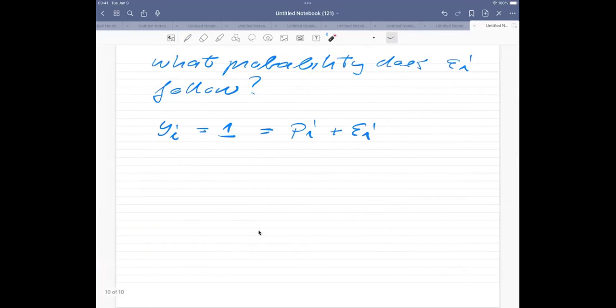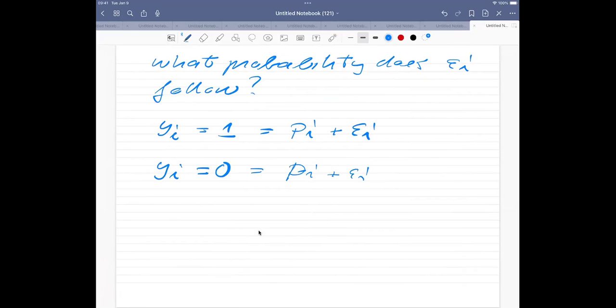When y of I is equal to 0, then it has a probability of 1 minus P of I. Sorry, no, it's P of I plus epsilon I. We are just setting up the probability here.